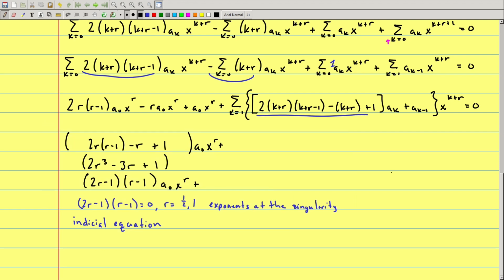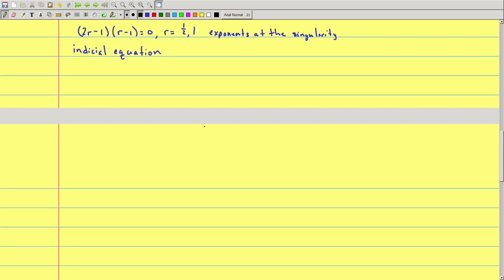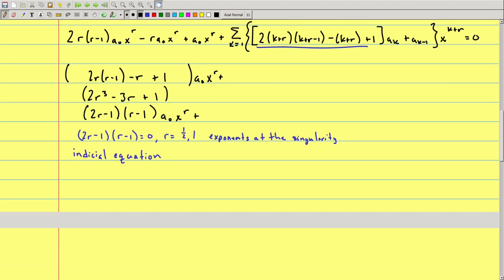Now, once we have our exponents at the singularity, what we can do is choose one of those exponents and then start to determine the values of our coefficients by employing the recurrence relation given from this.